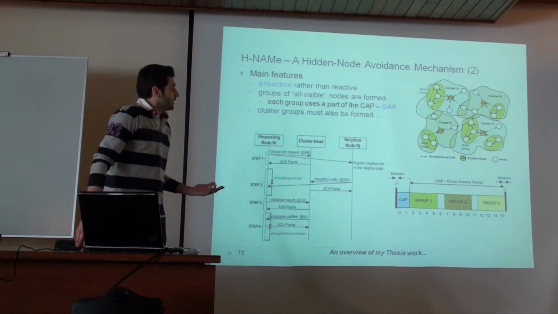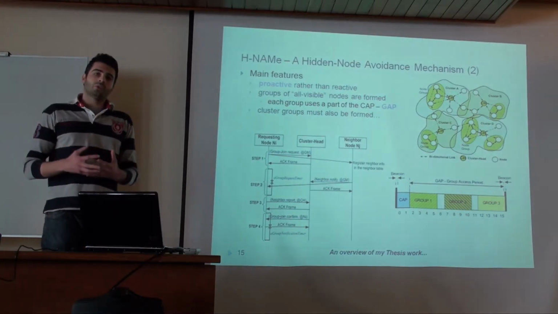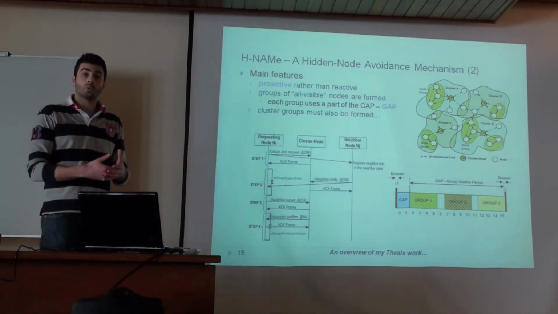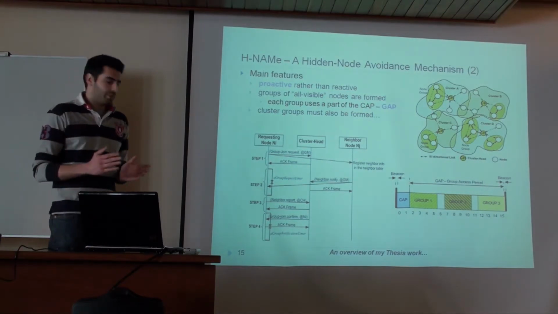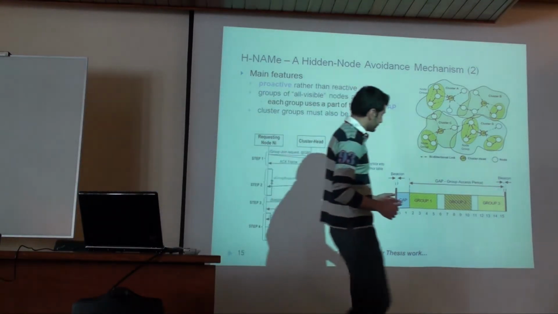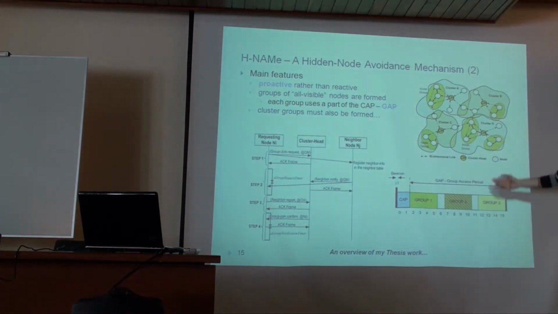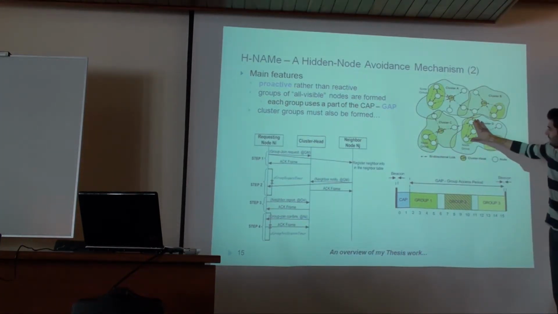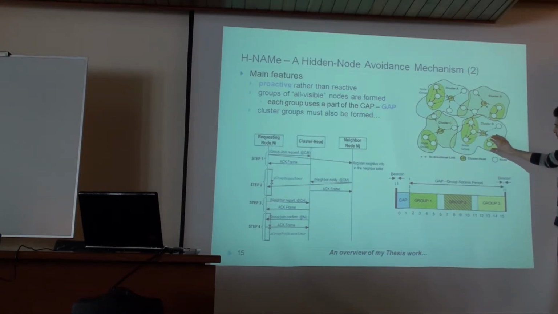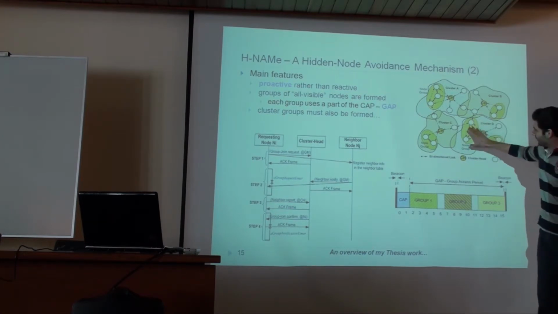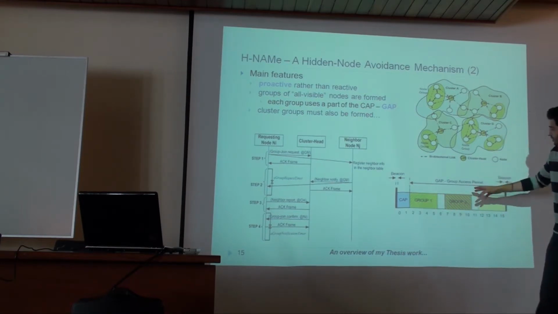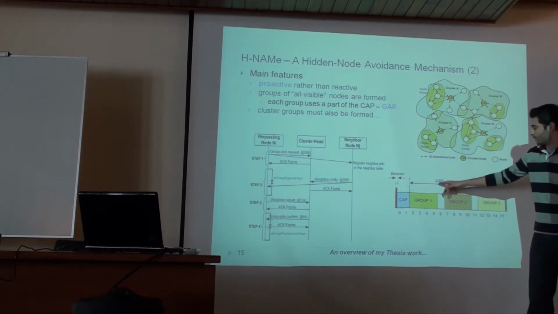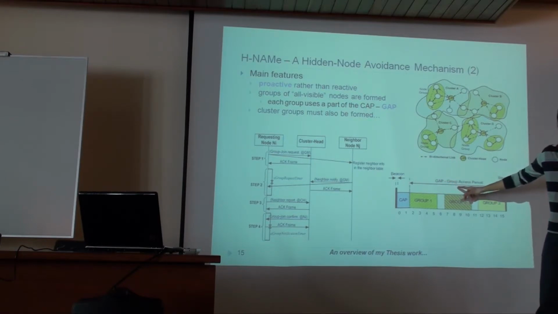What H-NAMe does is that it groups visible nodes and assigns to those groups a portion of the CAP where these nodes will be able to contend for the medium. For instance, on cluster T, these nodes are visible to each other, however they cannot see these ones nor this one. So the idea is to group these nodes here and assign them a portion of the CAP, which we call GAP, which stands for group access period.